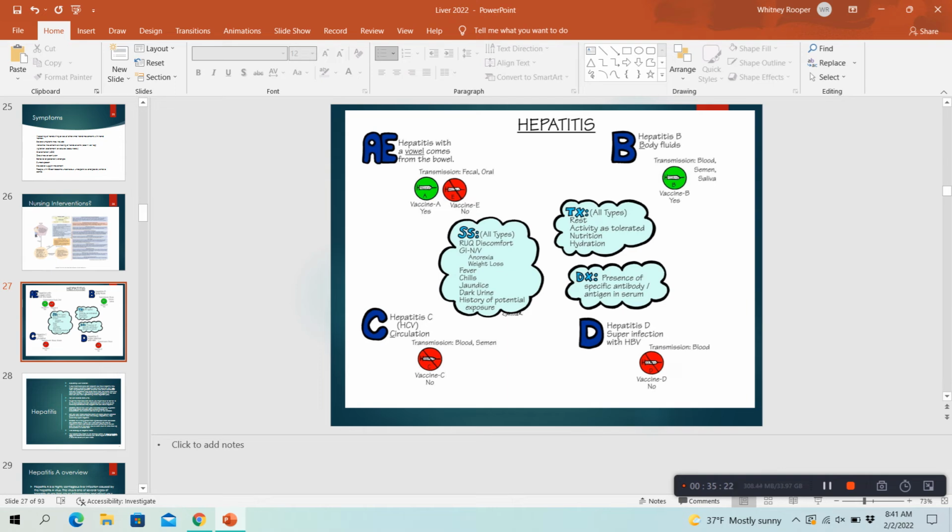There's only a vaccine for A though, not E. Hepatitis B comes from body fluids, blood, semen, saliva. There is a vaccine. Hep C, transmission is blood and semen. No vaccine. Hepatitis D, that's the super infection of HBV. Transmission is blood, and there is no vaccine.